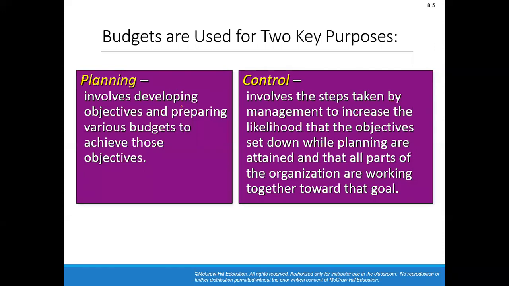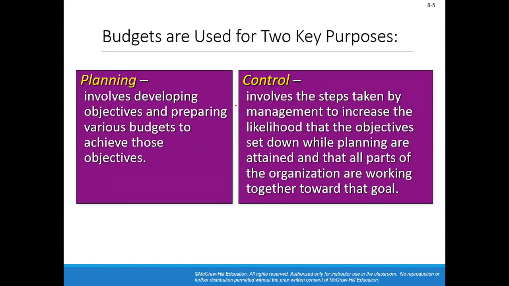In planning, how does budget help us? It helps us in this way. We already set some objectives as a part of planning, and for achieving these objectives, we prepare the budgets. So we have to allocate the resources to achieve the objectives. That is one way.